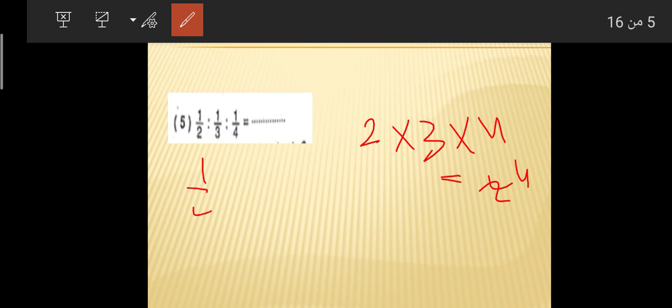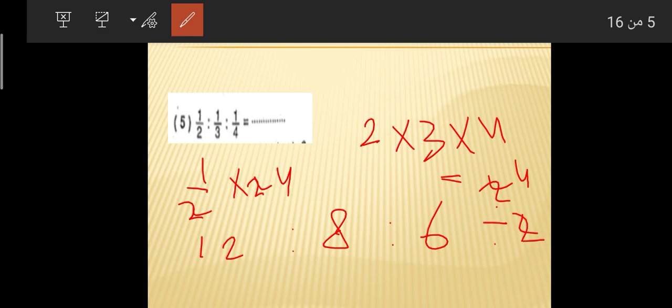1 over 2 times 24 equal what? 12. 1 over 3 times 24 equal 8. 1 over 4 times 24 equals 6. For all the ratios, all numbers 12, 8, 6 can be divisible by what? Of course can be divisible by 2.